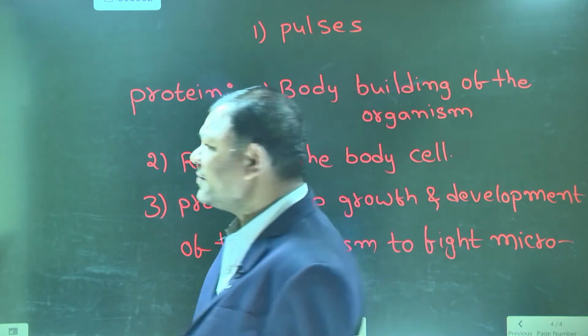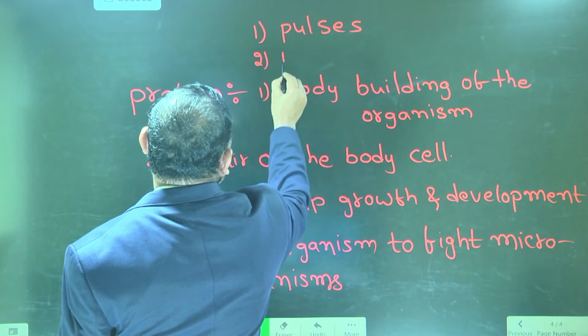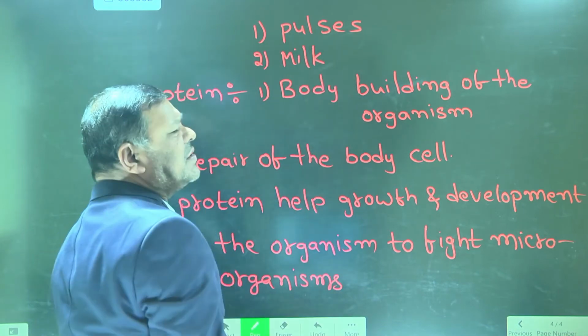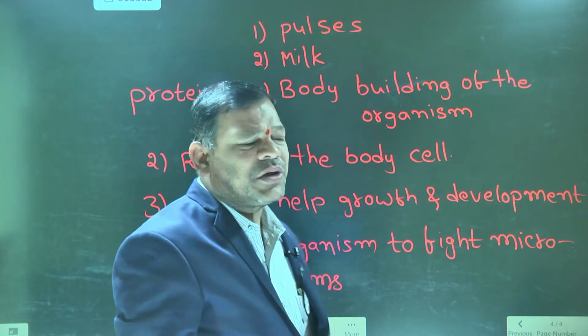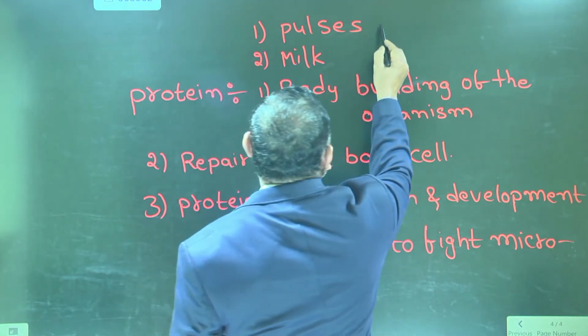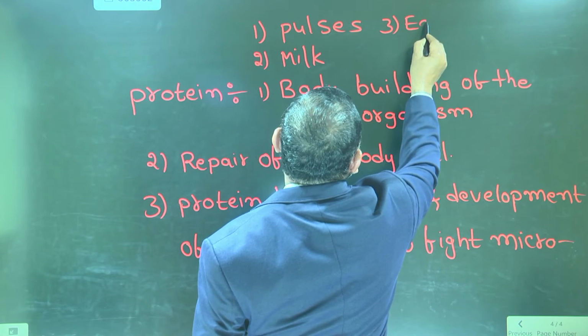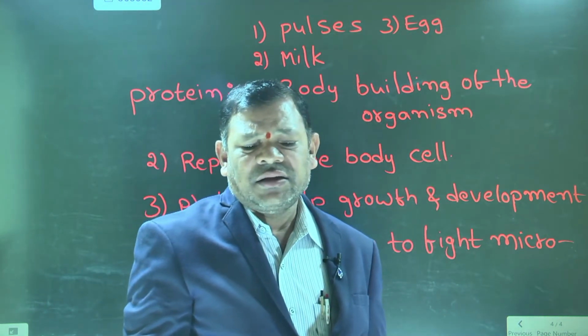Next one is milk. In that milk, what is the component of the nutrient? That component of the nutrient is nothing but proteins. Third one, egg. In that egg also, what is the nutrient?